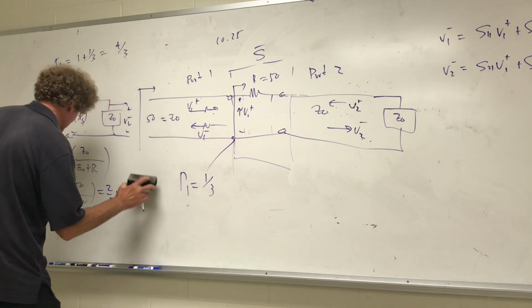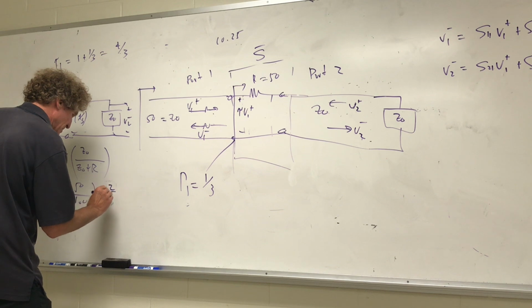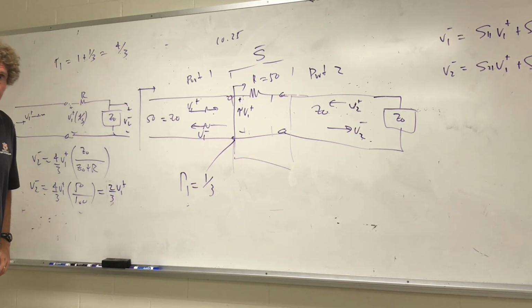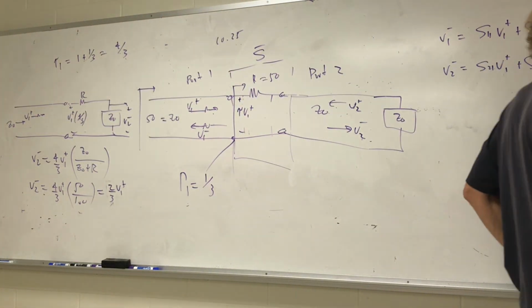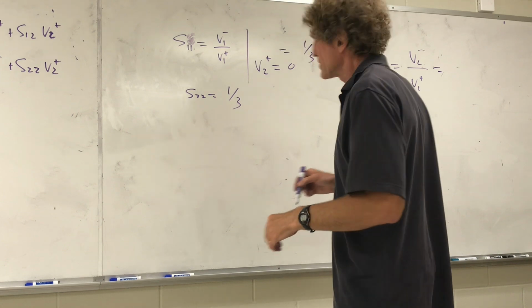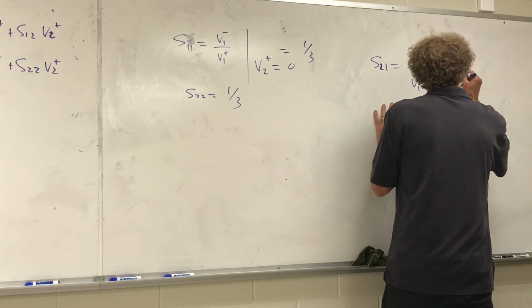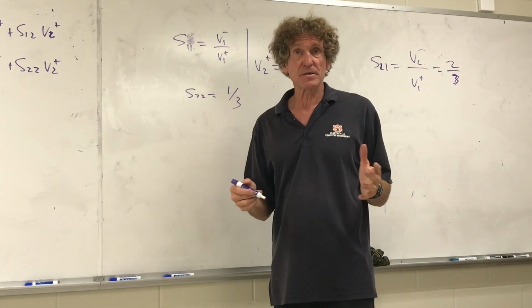V2 minus is going to be 2/3 times V1 plus, right? That means when I look at S21, it's V2 minus in terms of V1 plus, which is 2/3 V1 plus divided by V1 plus, or just 2/3. You all see this, class?